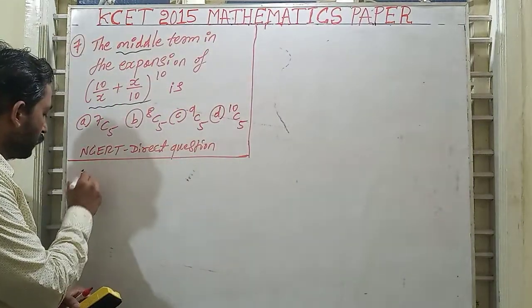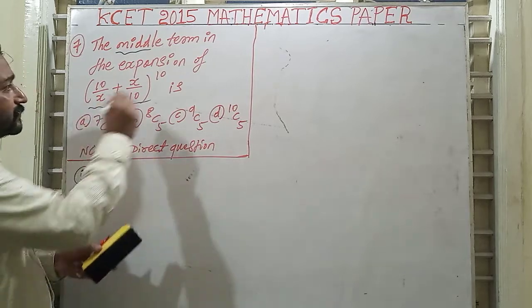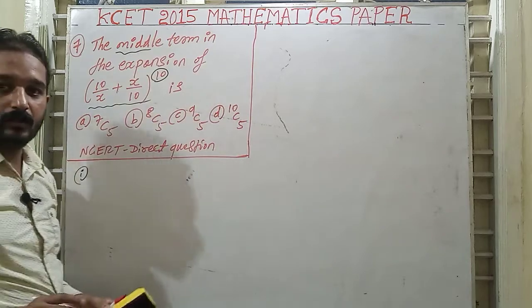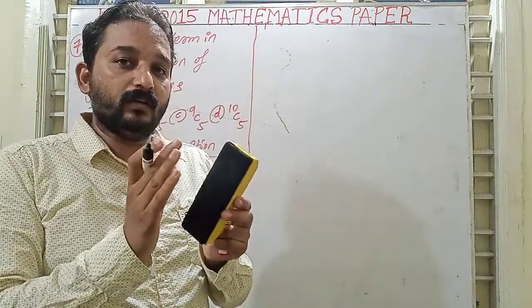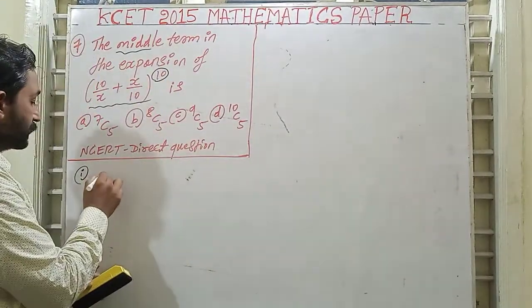take the formulas. The first formula is the middle term formula. It depends on the index of the binomial expansion. The middle term always depends on the index. If the index is even, and here the index is even, what is the middle term?